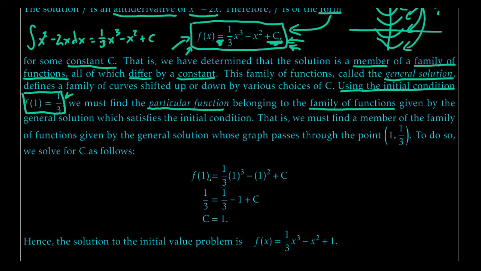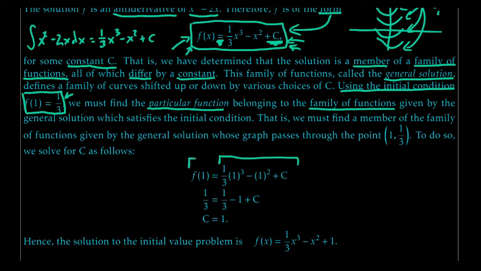So f of 1 in the general form will be 1/3 times 1 to the third minus 1 squared plus c. Doing a tiny bit of manipulation, just looking at only the left-hand side right now, I'll see that I get 1/3 times 1 to the third, which is just 1, minus 1 squared, which is just 1, plus c.